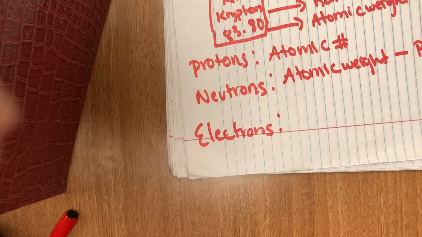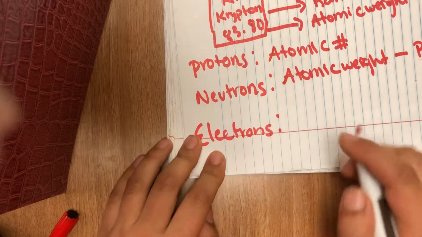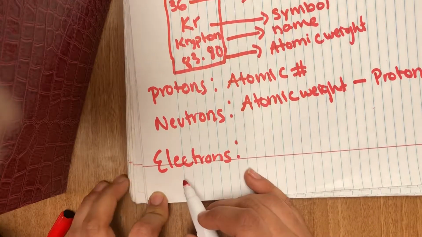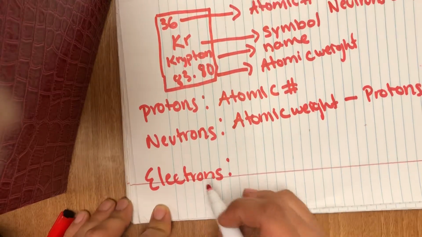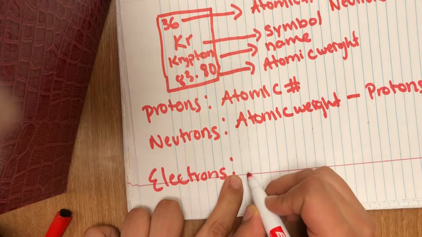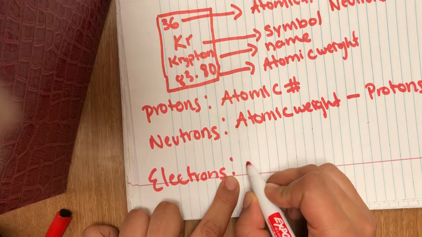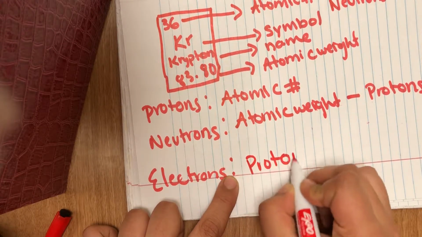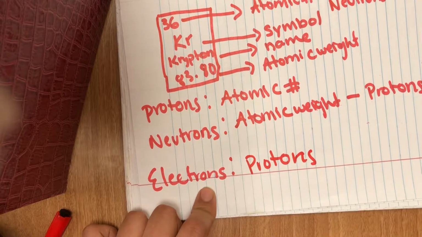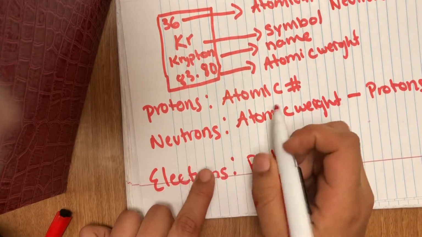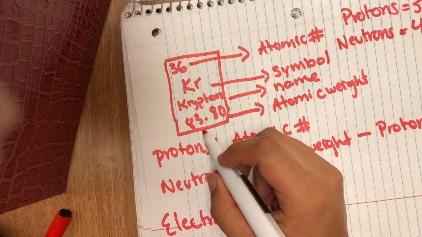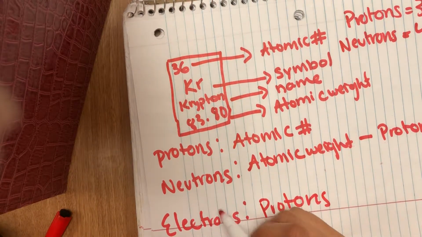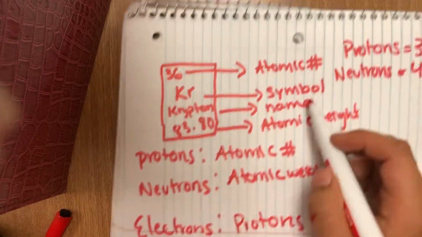So this basically means that atoms must have an equal number of protons and electrons in order to have no overall charge. So essentially, electrons will be equal to the protons. And we know that protons are the atomic number. So in this situation of krypton, there would be 36.